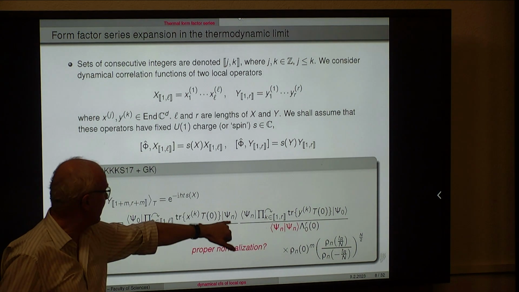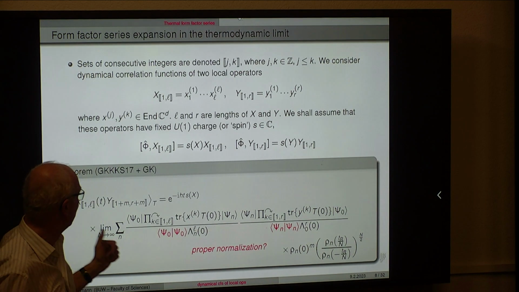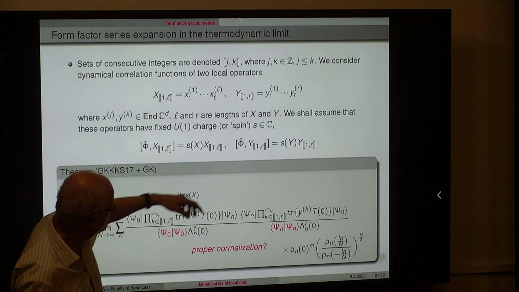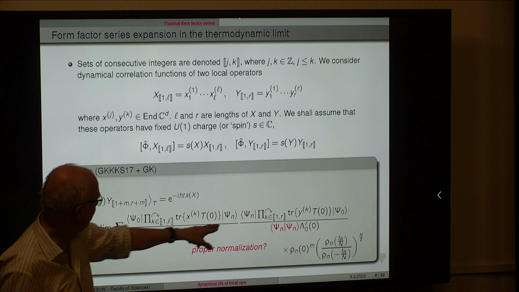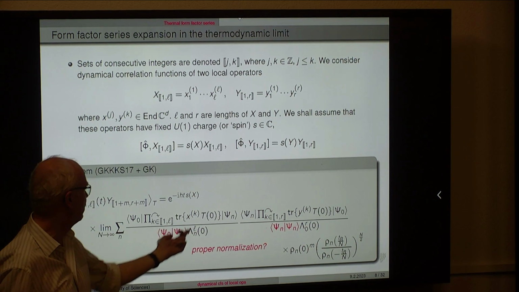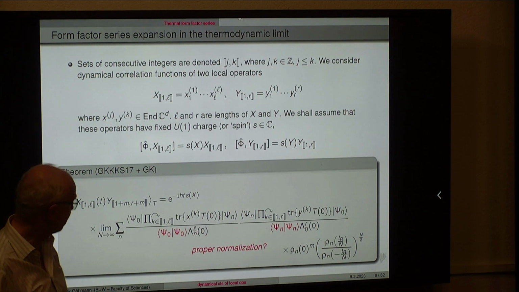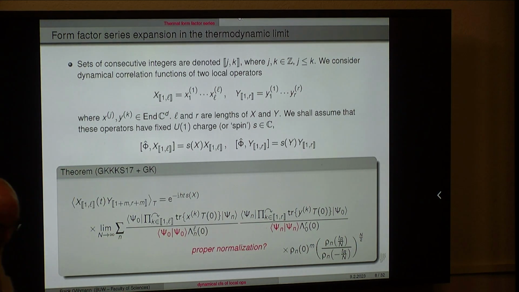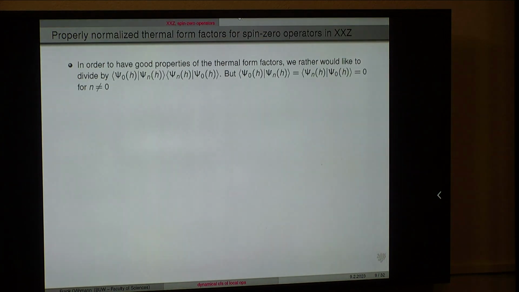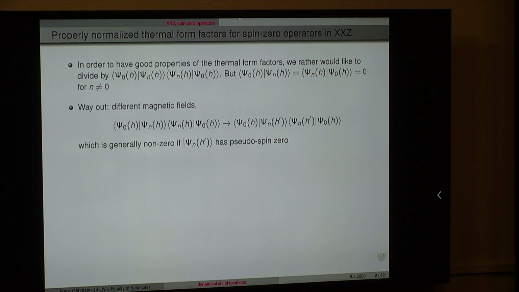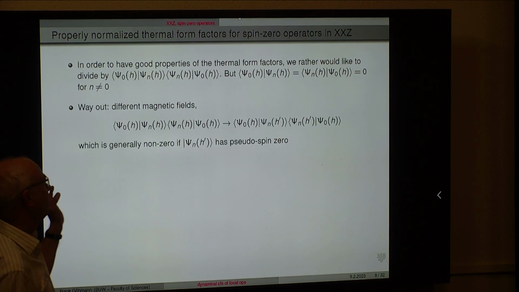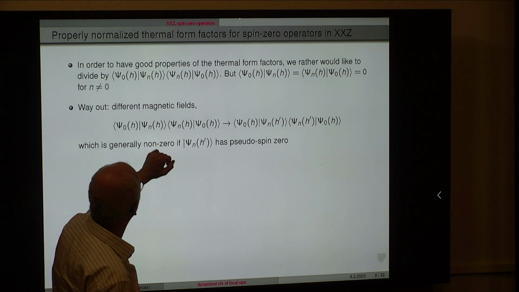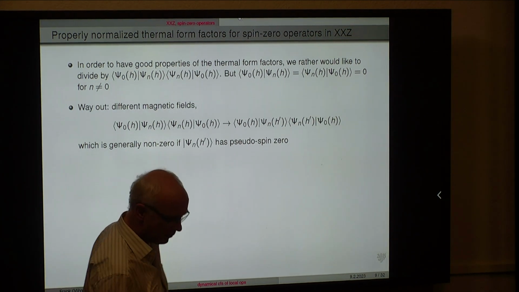This is called reduction, and you can do it to the left and to the right. And if you have psi n equal to 0, it works. But if you have excited states here, there is no reduction because the normalization is not good. So what you would like to have is you would like to divide by psi n psi naught. But this is 0 due to the ice rule, so it's bad to divide by 0. That's why you have to find a way out, and the way out is extremely simple.